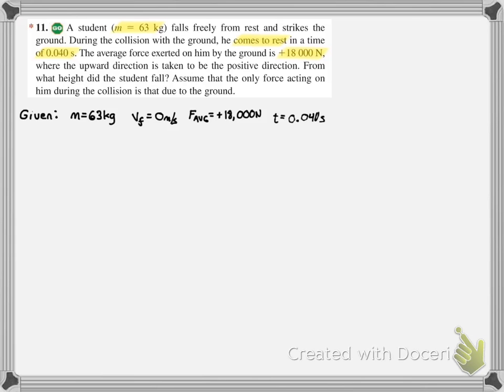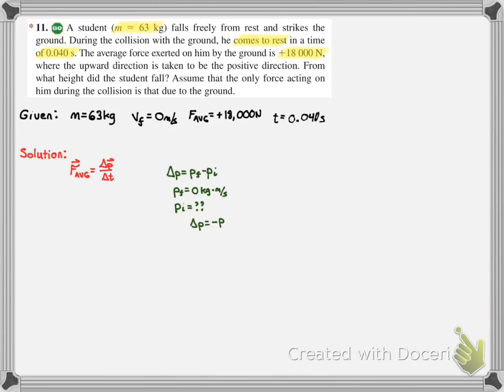Now, what they want us to do is find the height of the fall. There's a lot of information we need to find before we find the height of the fall. The first thing we want to figure out is what velocity he hit the ground with. Since they give us the average force, we can use our impulse momentum theorem, or we can simply get the change of momentum over time. Using the average force given in the problem, we can calculate the initial momentum.